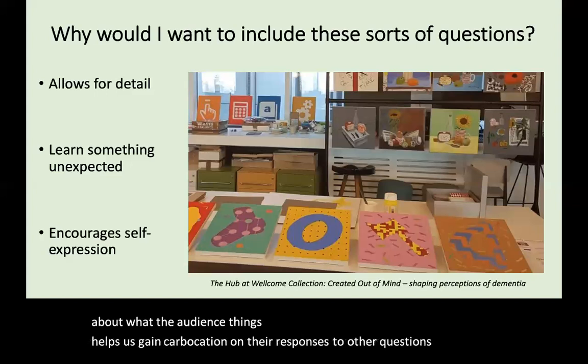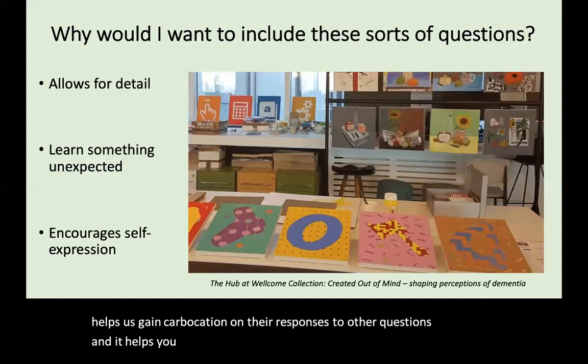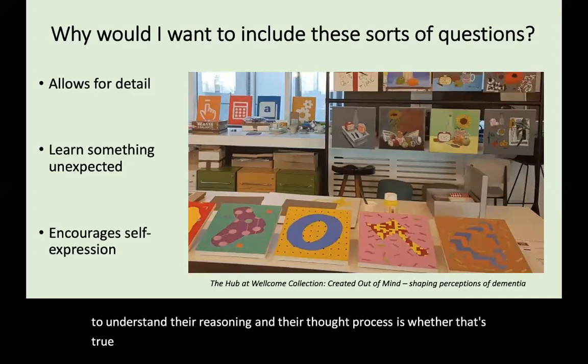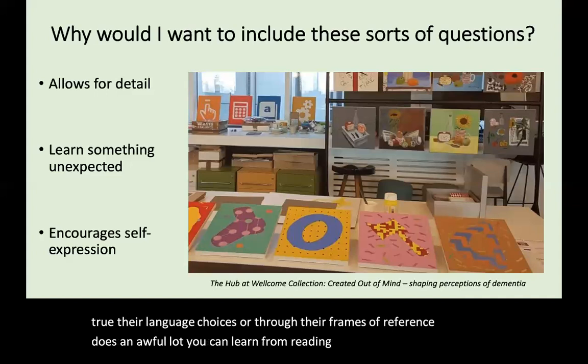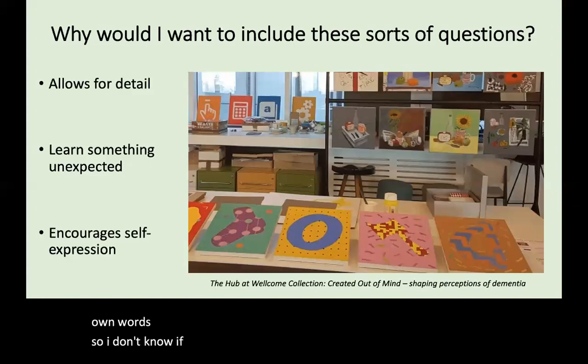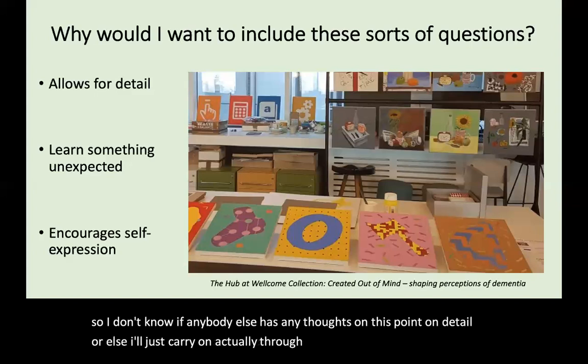It helps you, as someone conducting the analysis, to understand their reasoning and their thought processes, whether that's through their language choices or through their frames of reference. There's an awful lot you can learn from reading someone's thoughts in their own words. I don't know if anybody else has any thoughts on this point on detail, or else I'll just carry on through the other two and then open it up.